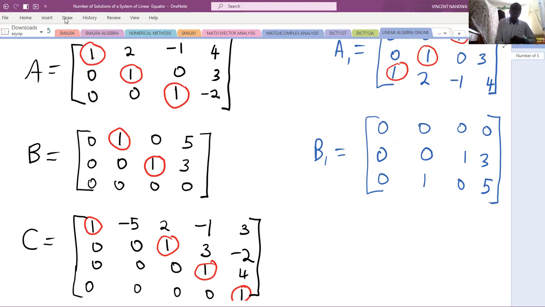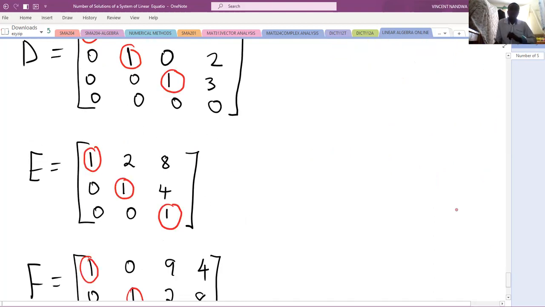The first reason is that it has a row with all elements zero and it's at the top. That should not be the case. A row that has all elements zero must be at the bottom. And also, when you compare these consecutive rows, the leading one on the upper row is to the right of the leading one on the lower row. That shouldn't be the case. It should be the other way around: the leading one of the upper row must be to the left of the leading one of the lower row.